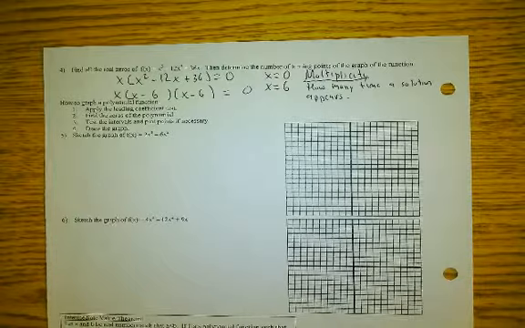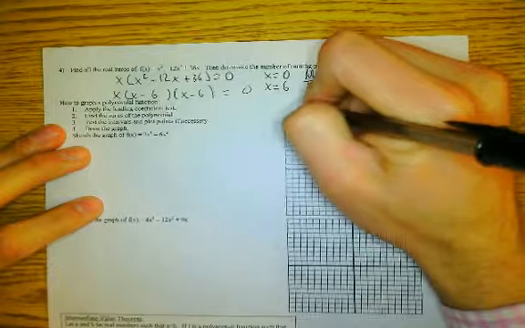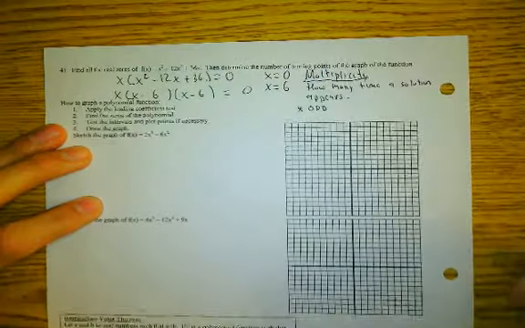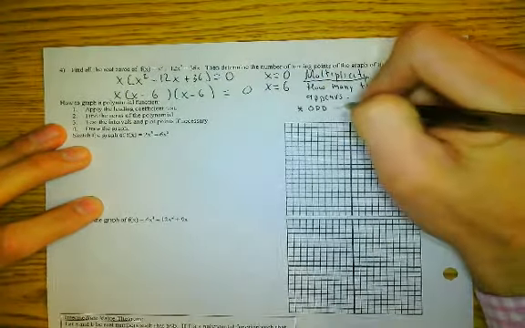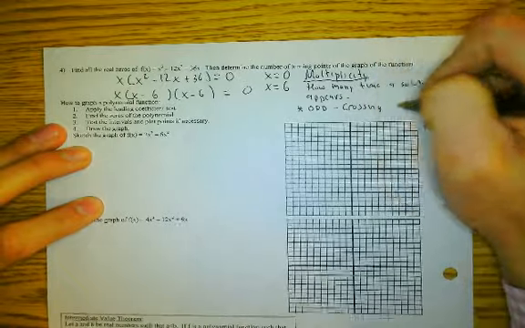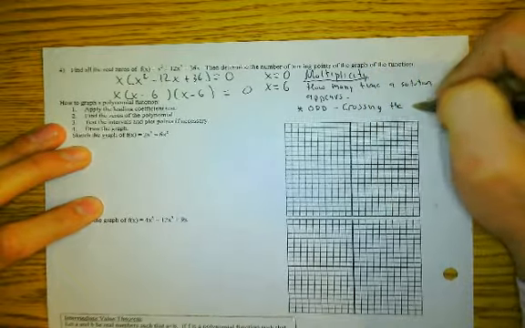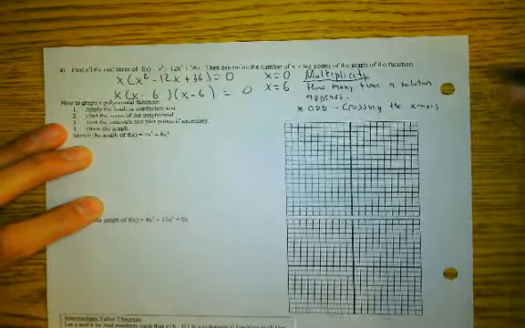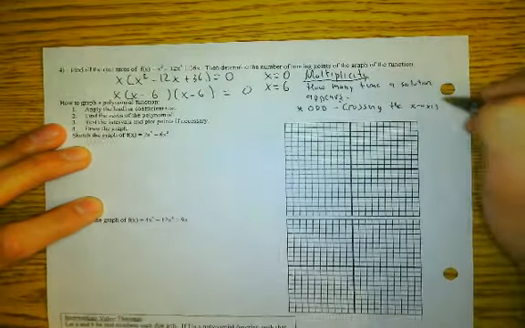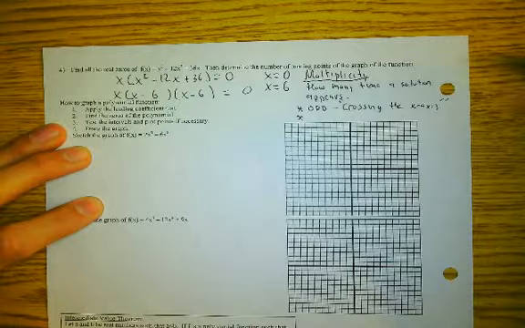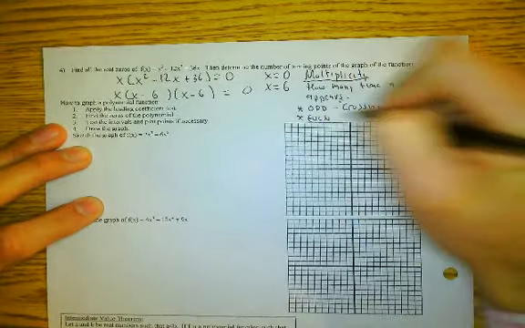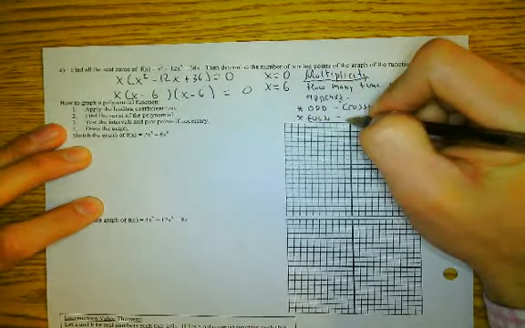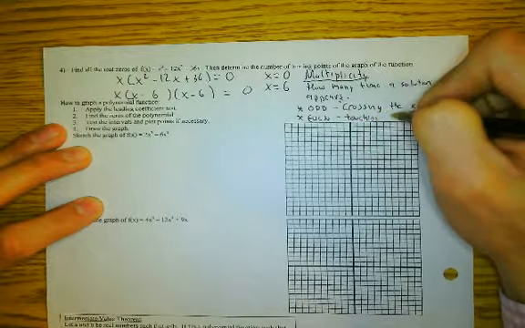If your multiplicity is odd, you are crossing the x-axis. If your multiplicity is even, you are touching the x-axis. Okay?